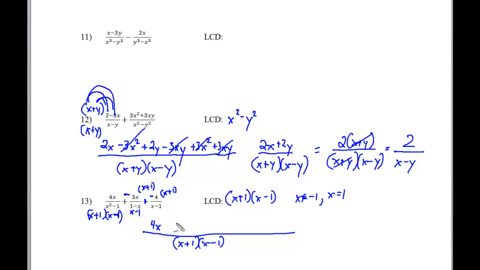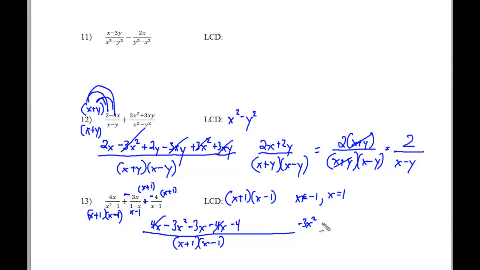Negative 3 is multiplied by the x, which makes negative 3x squared. Negative 3 is multiplied by the 1, so this is negative 3x. Negative 4 is multiplied by x, so this is negative 4x. Negative 4 is multiplied by the 1, negative 4. Now it's time to simplify all this. So in my numerator now I've got negative 3x squared, and I've got 4x minus 4x, so those go away.